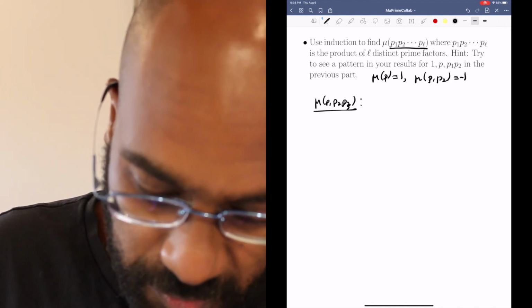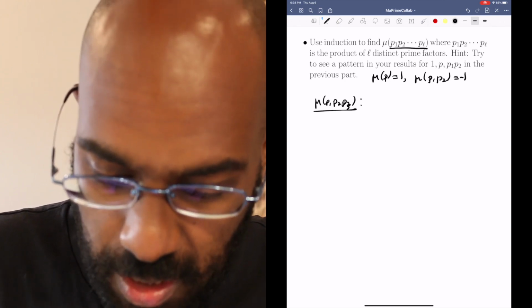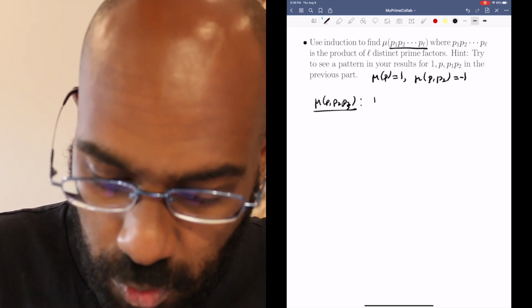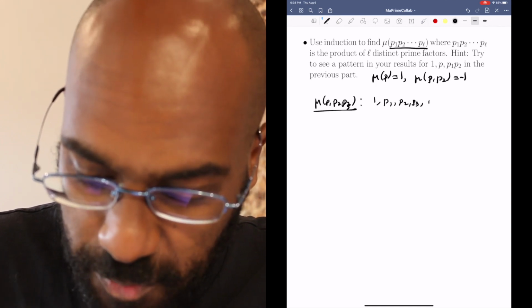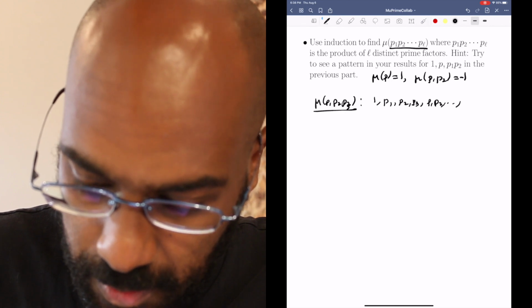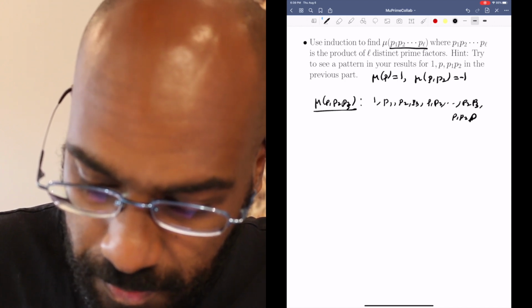And we get from our recursive formula that we have a relationship between mu applied to these factors. So here, the factors are 1, P1, P2, and P3, and then the product of pairs of these, and then the product of all 3. So there's 8 factors in total.